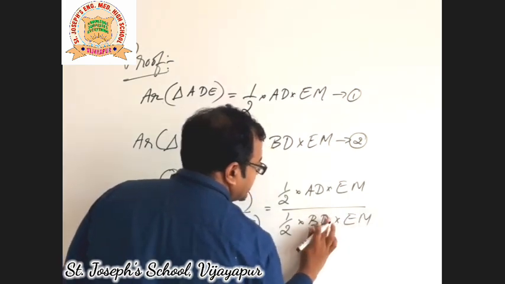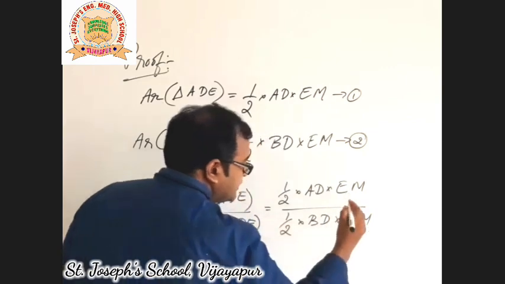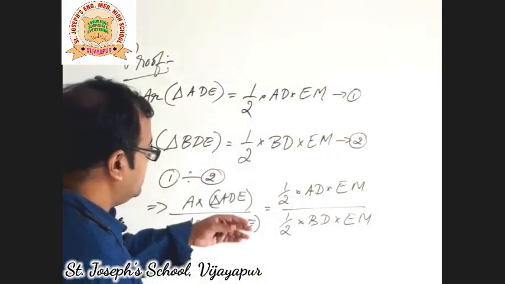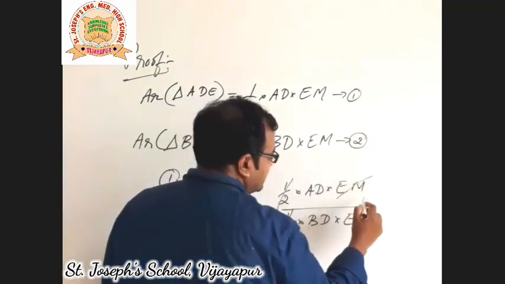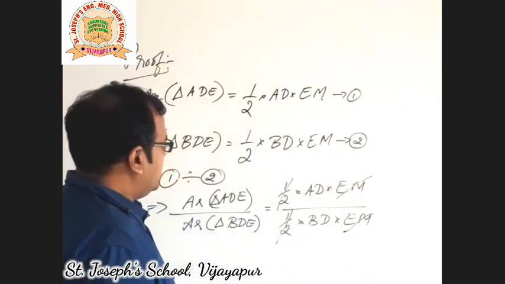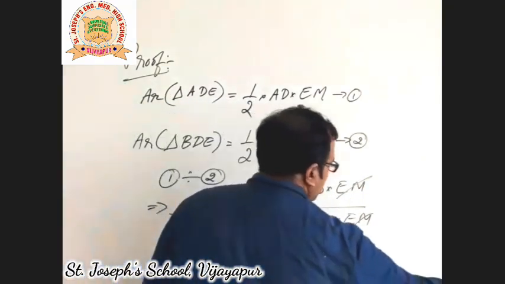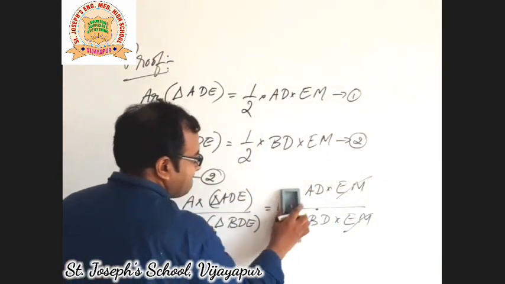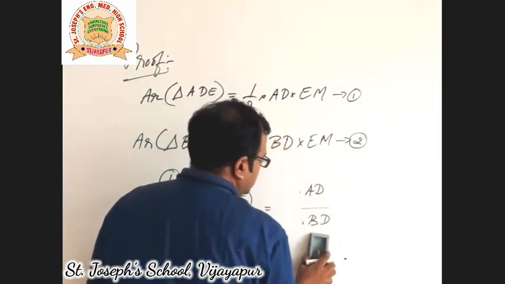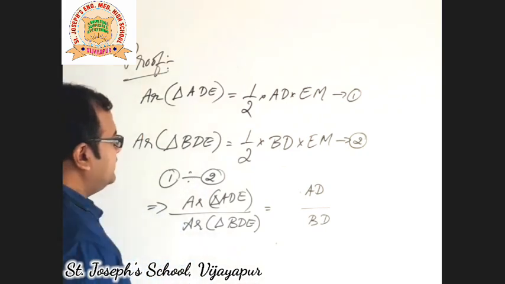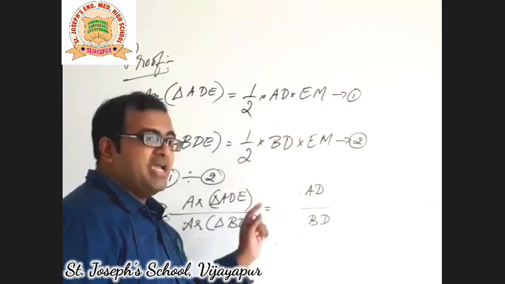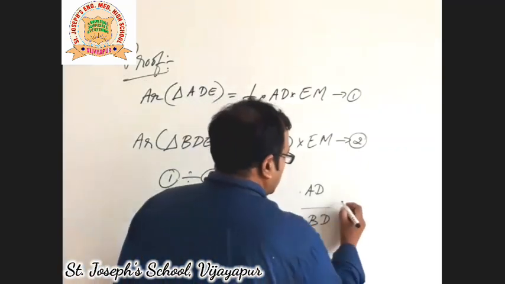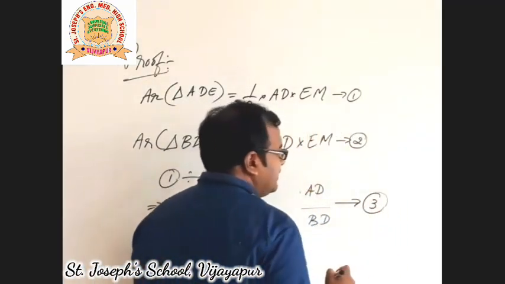Anything similar which you can cancel? Yes, of course. Half and half cancel, EM cancels. You are left with area of triangle ADE divided by area of triangle BDE is equal to AD by BD. I'll call this equation 3 probably.